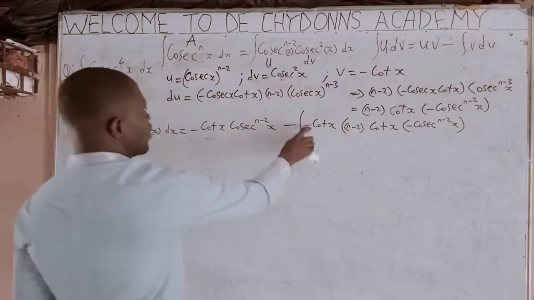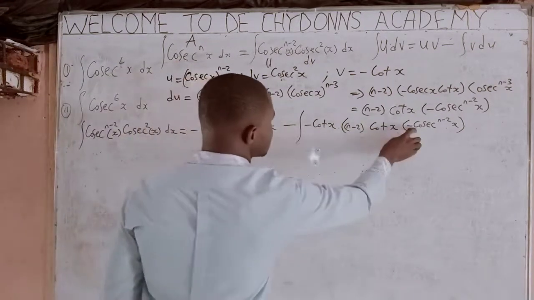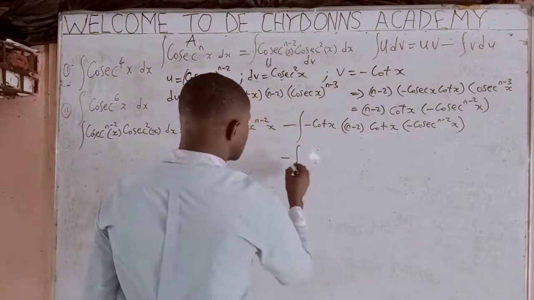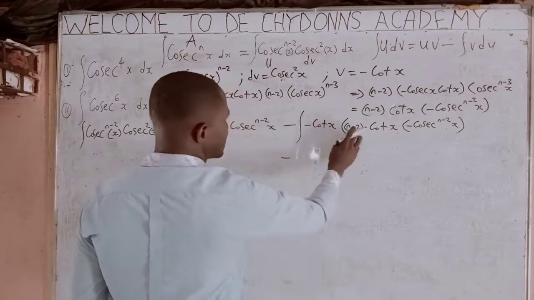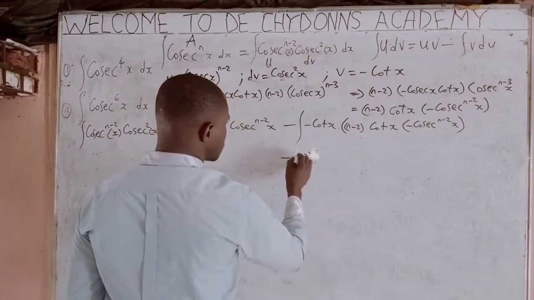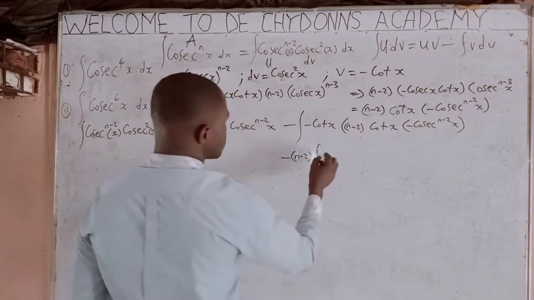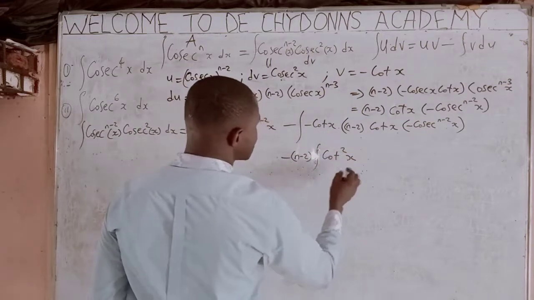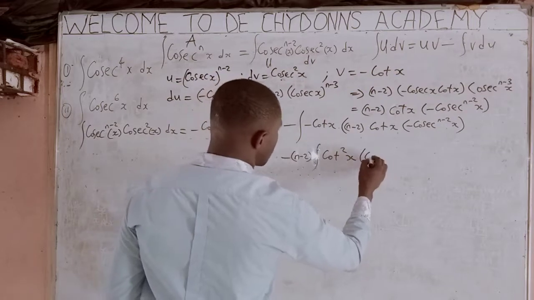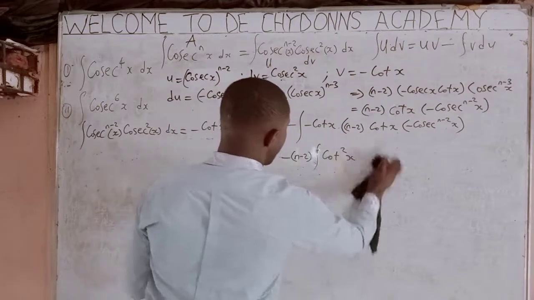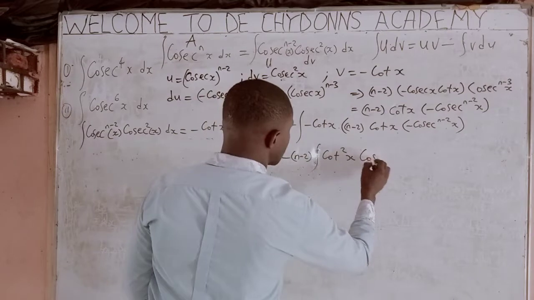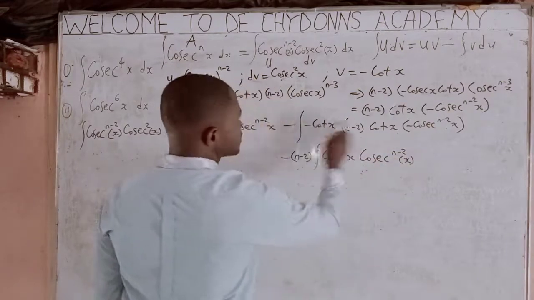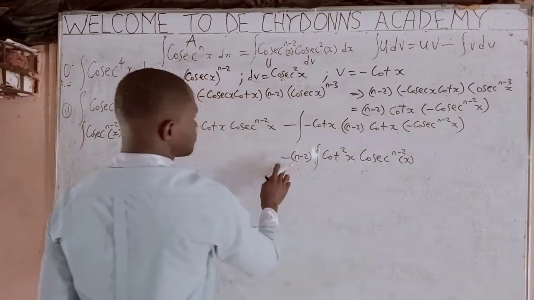We now say minus times minus plus, times minus minus integration. So we carry this n minus 2 out, integration. This times is cot squared x, cosec to the power n minus 2 of x. Minus times minus plus, times minus minus.